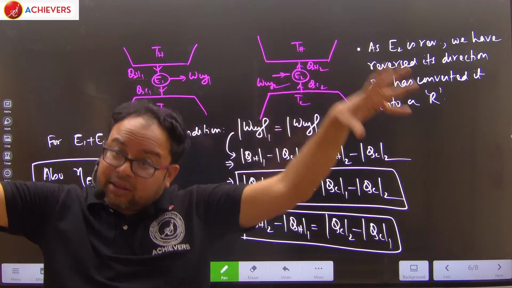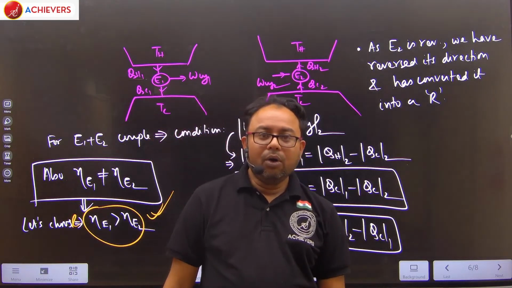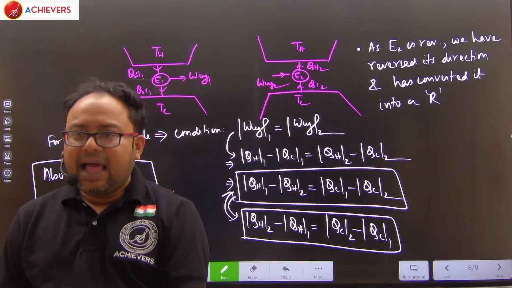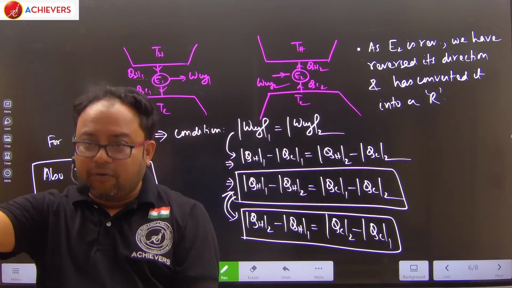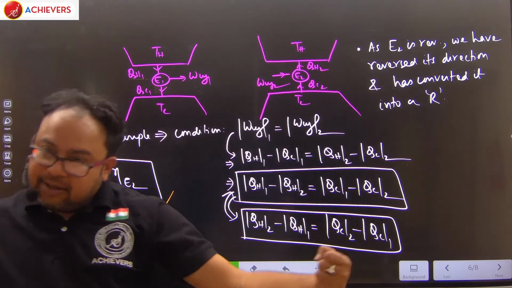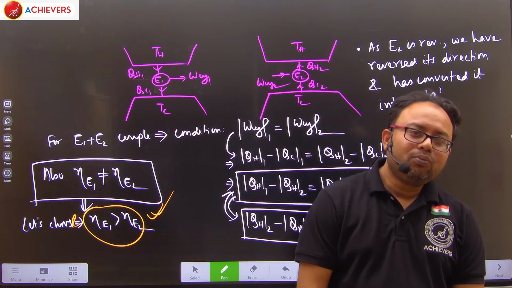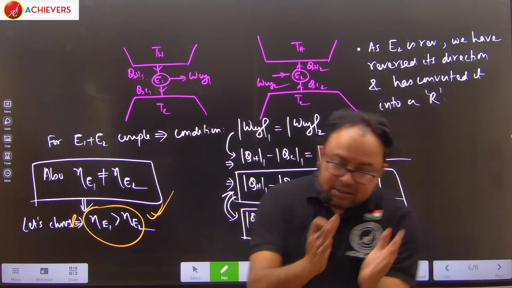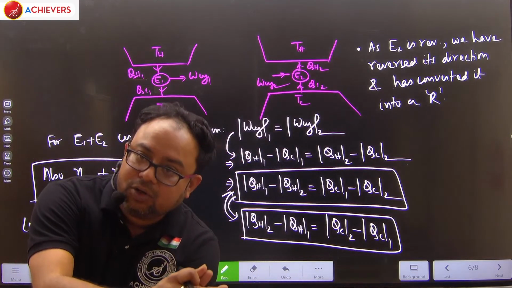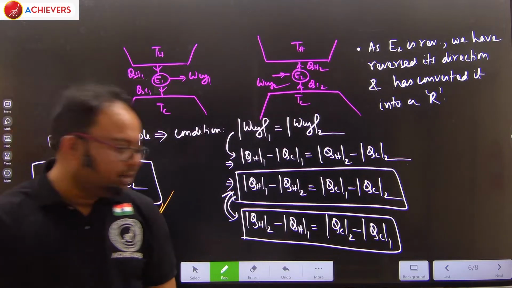So if both are reversible in nature, then we can keep E2 intact as an engine and reverse the direction of E1 and transfer it into a refrigerator and couple it with E2. So we can just replace E1 by E2 and E2 by E1. We can always do that.